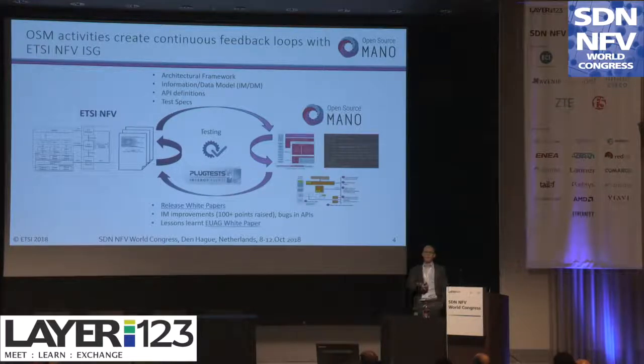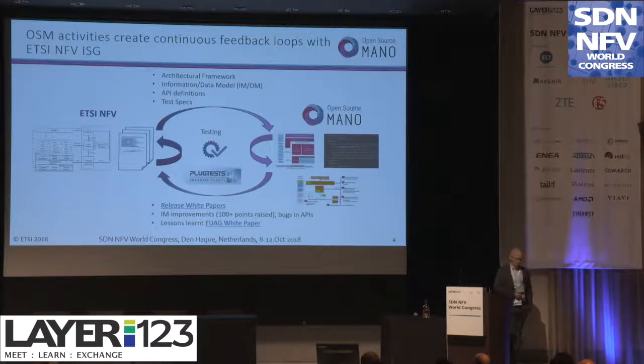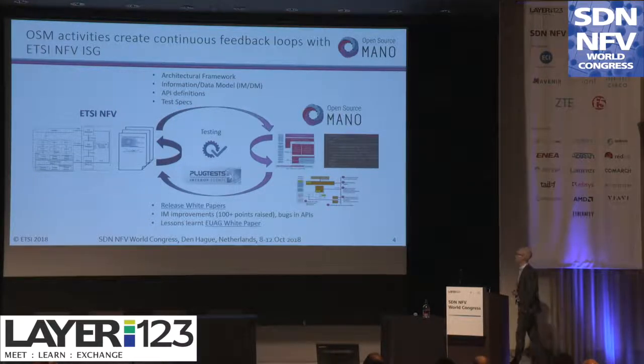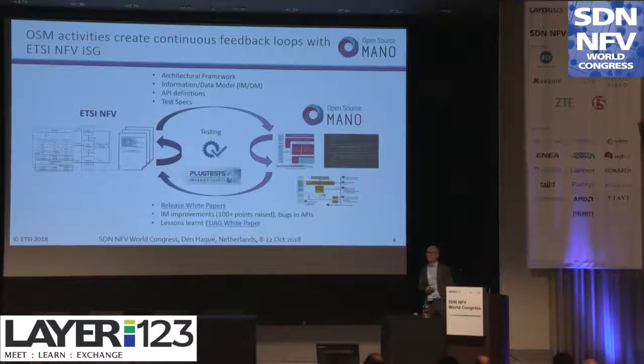One thing we do is to release white papers, especially around the launch of the releases we have. And we also contribute into the different work groups, especially around the information models, where we have given feedback on more than 100 points, which we have experienced issues with, or where we need enhancements from the practical learnings in implementation and use of OSM.